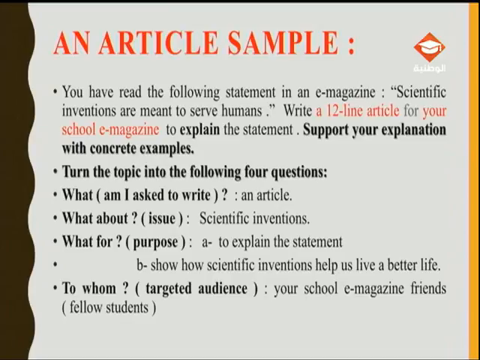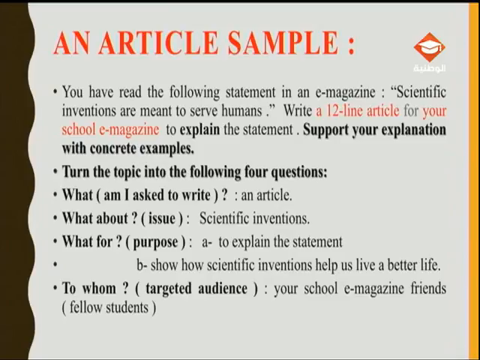Next step will be arguments. I will have to list down my arguments on a draft paper. I write my arguments and I list them. Then I start organizing my arguments from the most important to the least important.